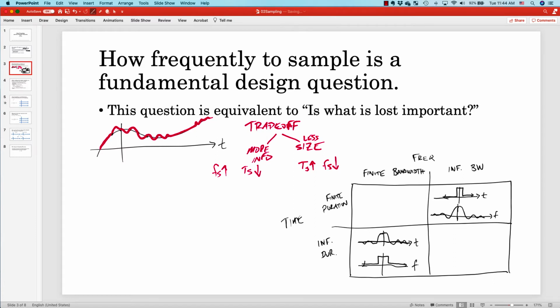Okay, so I've just capitalized on duality to say I'm just going to flip these pictures around, and now all of a sudden I have an infinite duration time domain signal and a finite bandwidth frequency domain representation. Okay, so those are the kind of classic canonical examples.